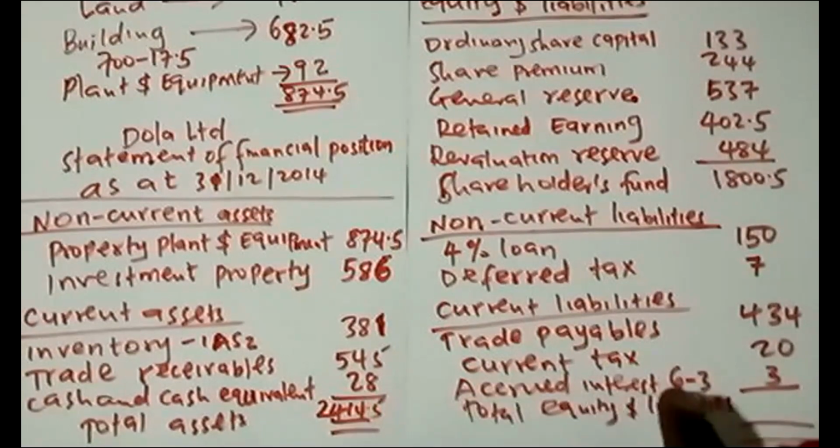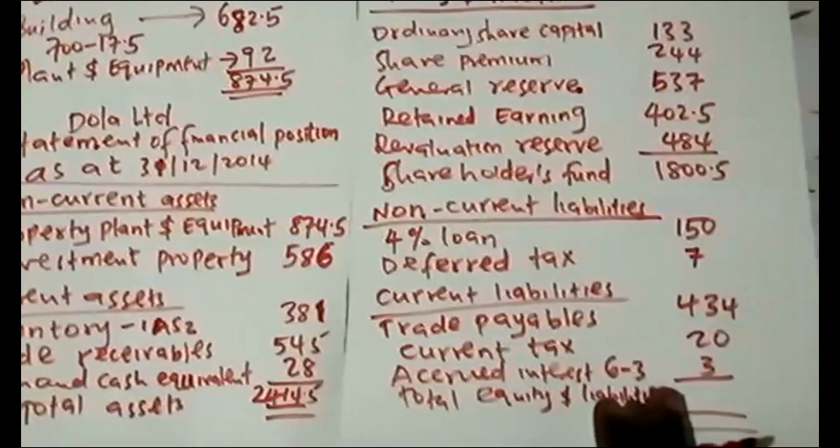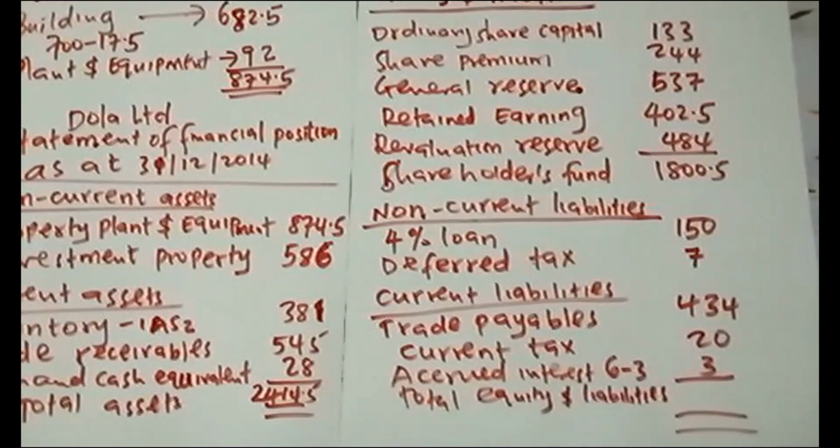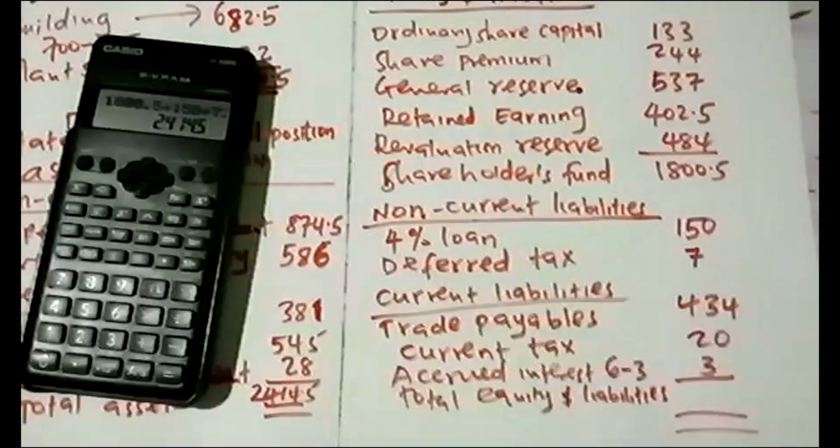What about the equity and liabilities? You can start with 1800.5 plus 150 plus 7 plus 424 plus 23. It's the same. So 2414.5. And that marks the end of the question.